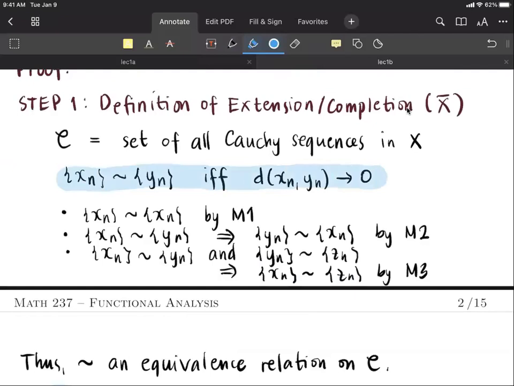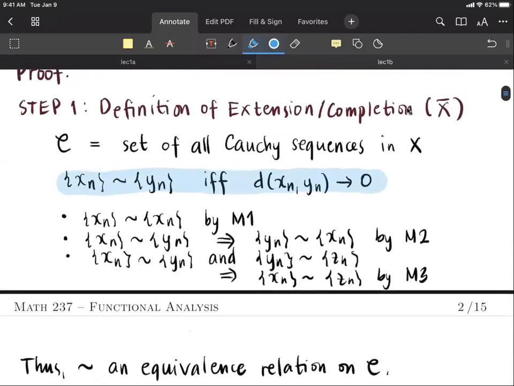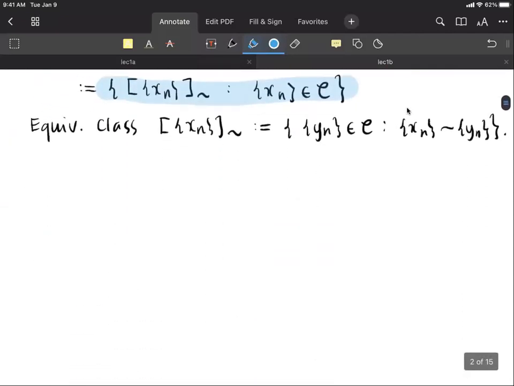Cauchy sequences are related if and only if the distance between the corresponding terms tends to 0. Okay, now that we have constructed the set X bar, we now construct the metric. And this would be the second step of the proof.